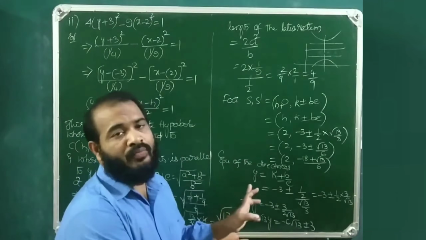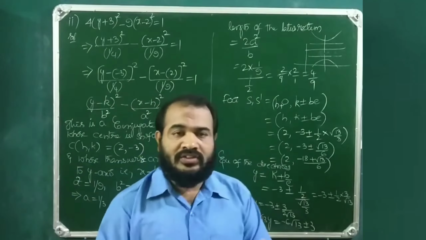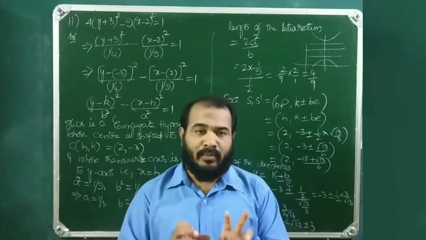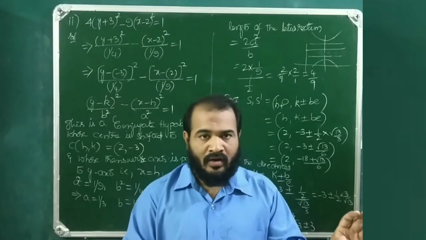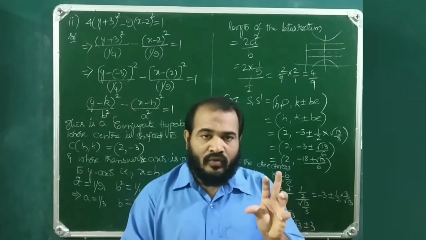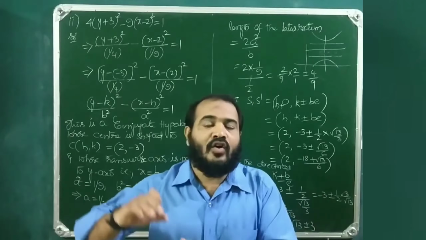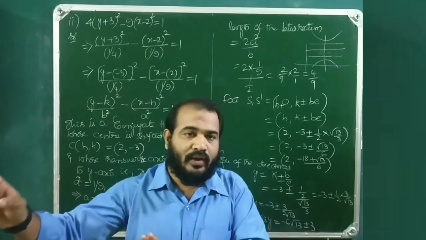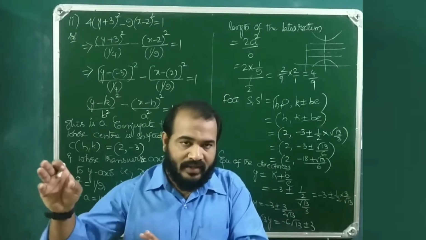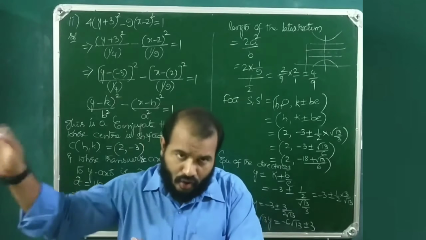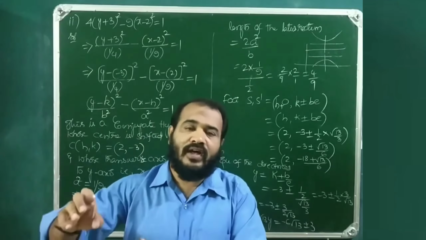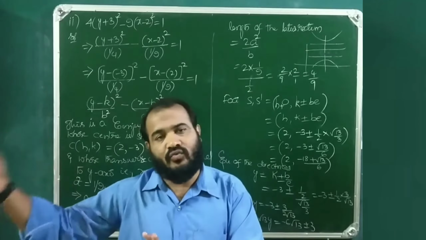How do we know all of them? Just by remembering two concepts, that's it. What is that? The hyperbola x square by a square minus y square by b square equals 1, and the conjugate hyperbola x square by a square minus y square by b square equals minus 1, or y square by b square minus x square by a square equals 1.